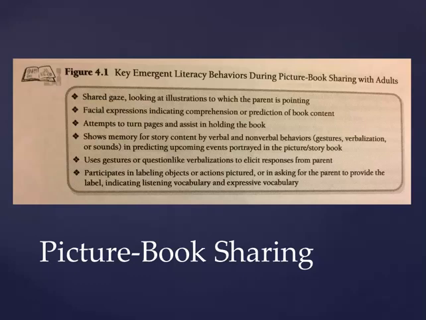They also indicate that they're listening, and their vocabulary, both receptive and expressive, is being furthered or developed, and that's also a good indication that emergent literacy is being fostered through a book sharing experience.